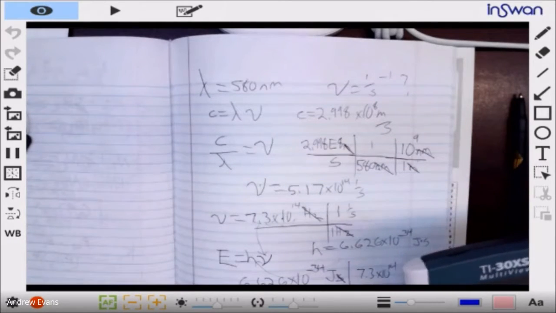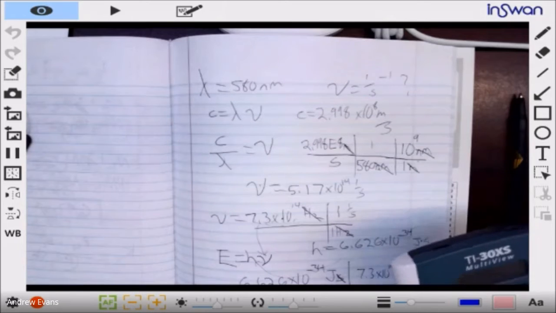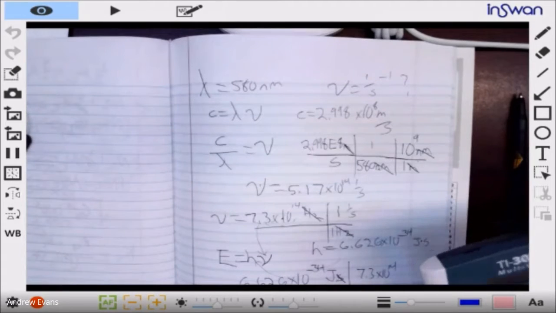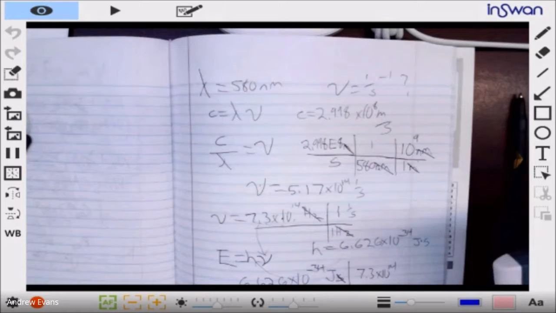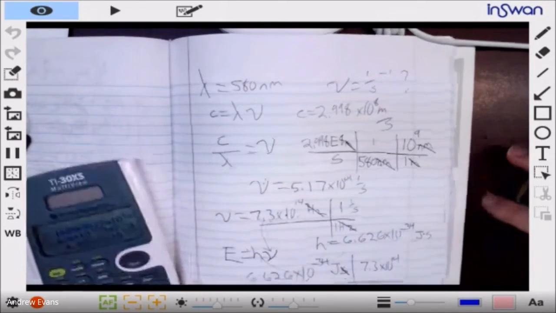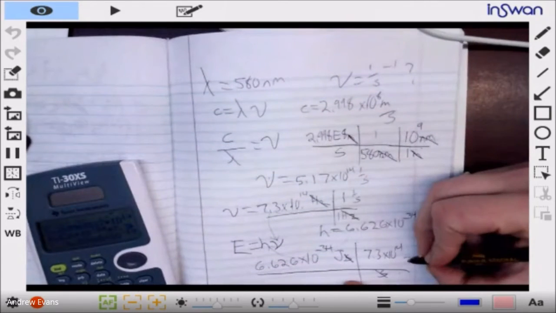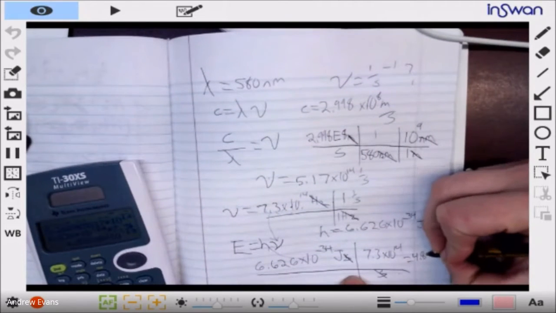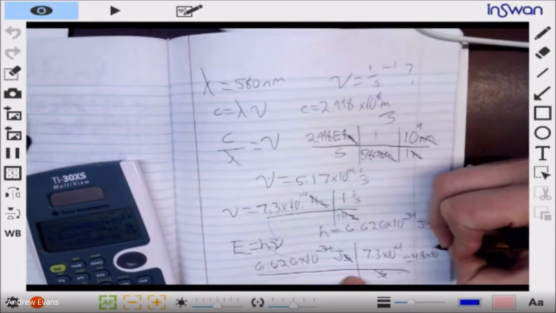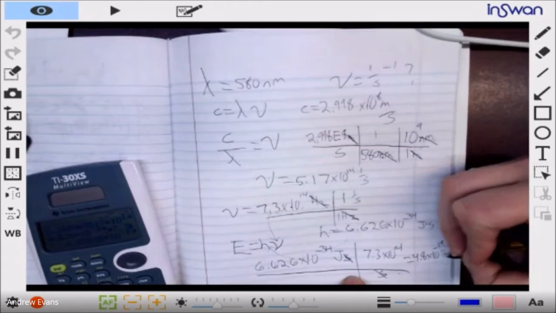The hardest part here is just making sure everything is on the right exponent. So 10 to the negative 34 times 7.3 times 10 to the 14 gives me the answer of, we'll say, 4.8 times 10 to the negative 19th joules.